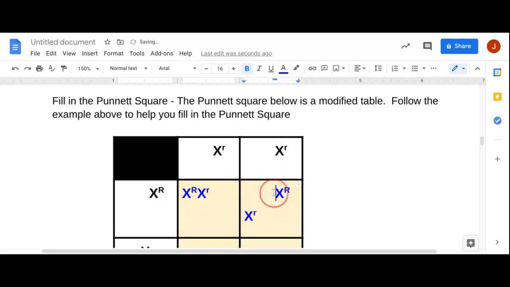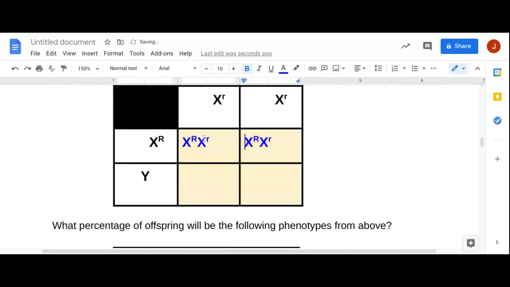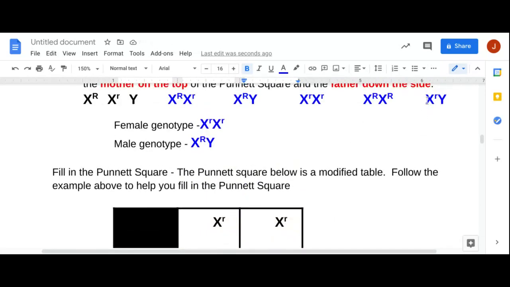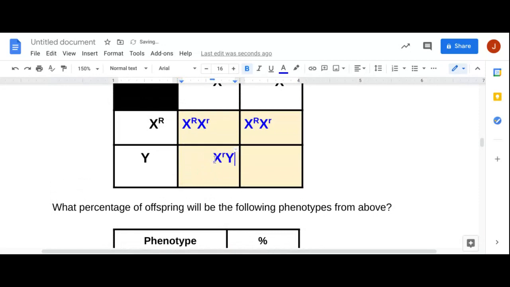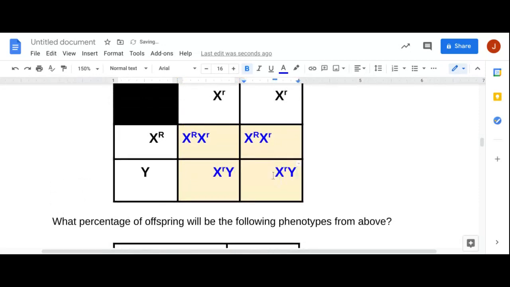I'm going to paste the same thing in, and that's my first square. Now I need to do my male. It's going to be X little r, Y. Come up here, X little r, Y. Here it is. Copy. Paste, and it's going to be the same. Paste. Again, I don't really care if it's not lined up. If you want to fix it, that's fine.